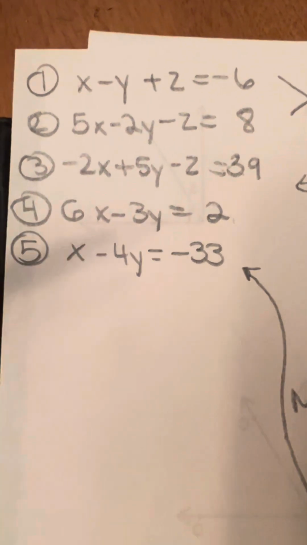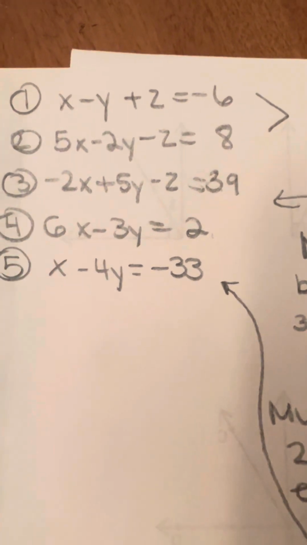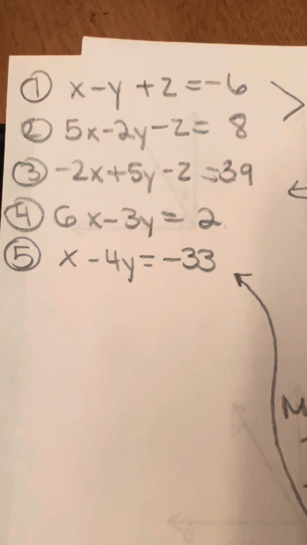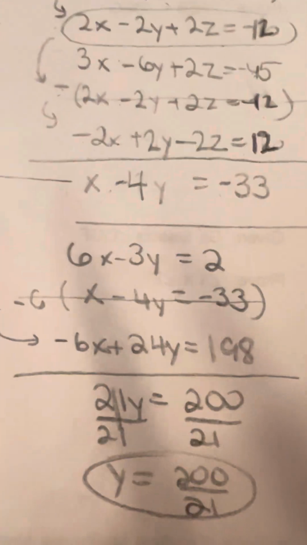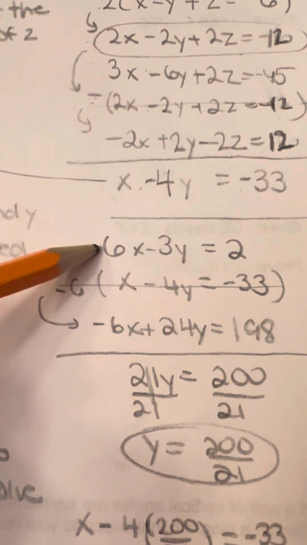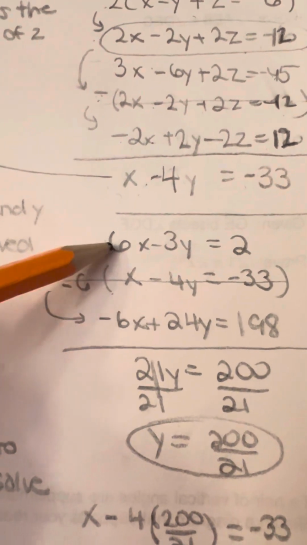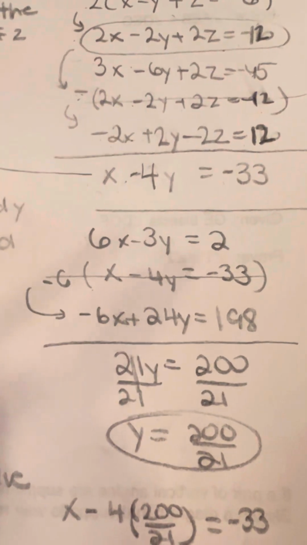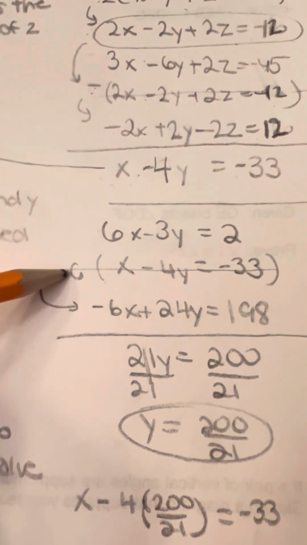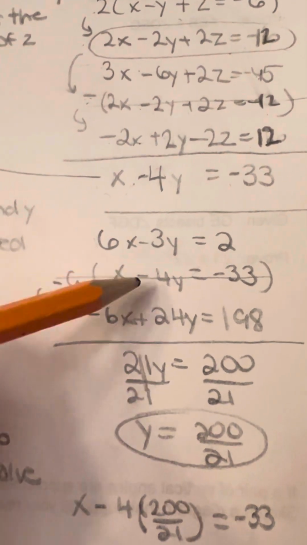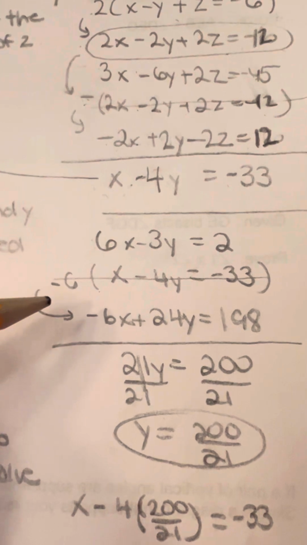And now we're going to use just these two equations and solve them like an elimination system of linear equations with just two variables. So I'm going to take this and this, the fourth and the fifth equations that I created without z in them, and I multiply the fifth one by -6 so I can cancel the 6 x's out.